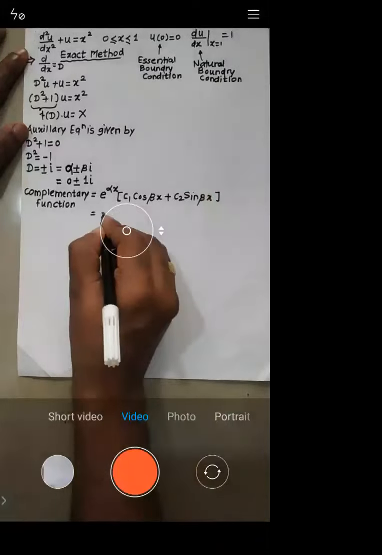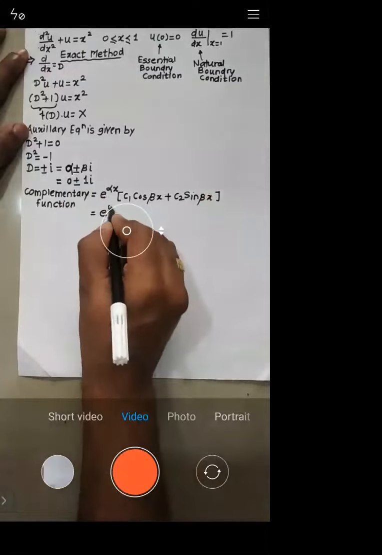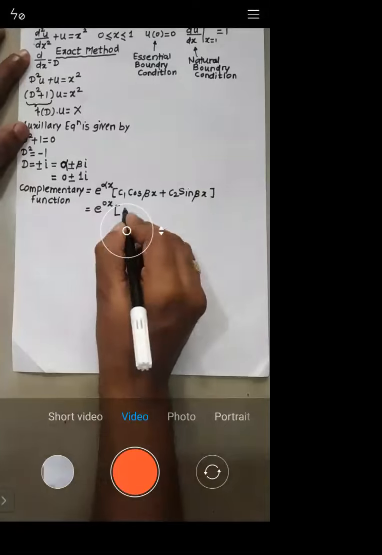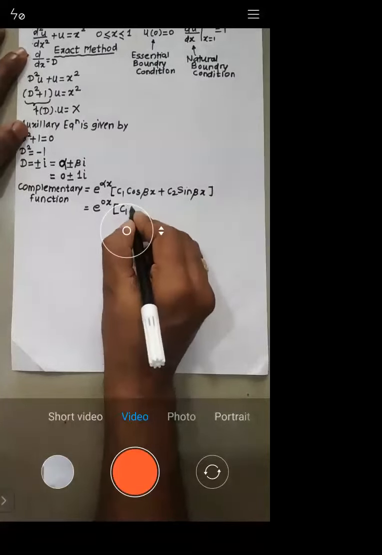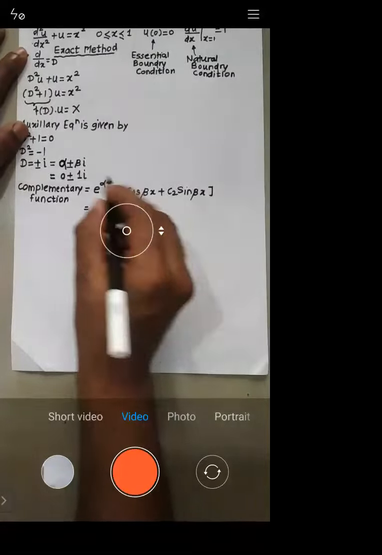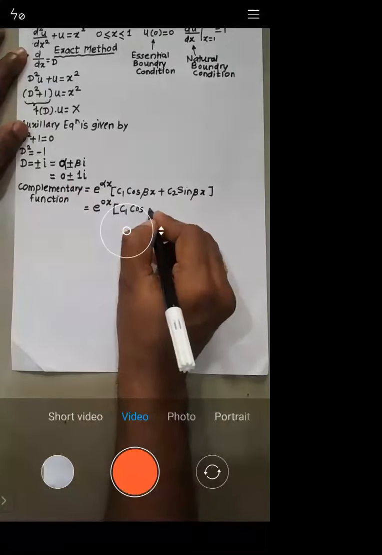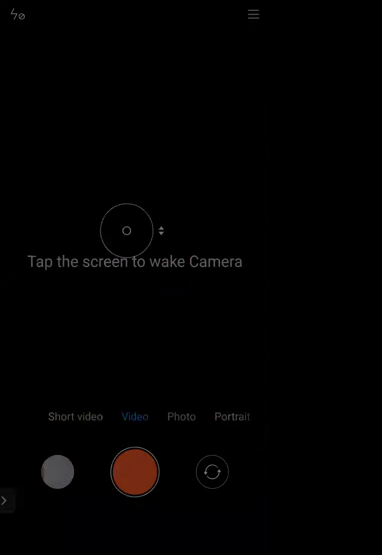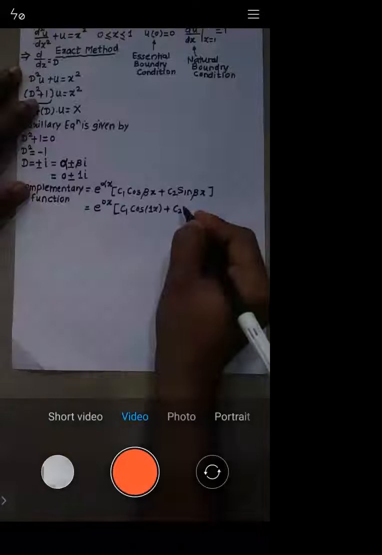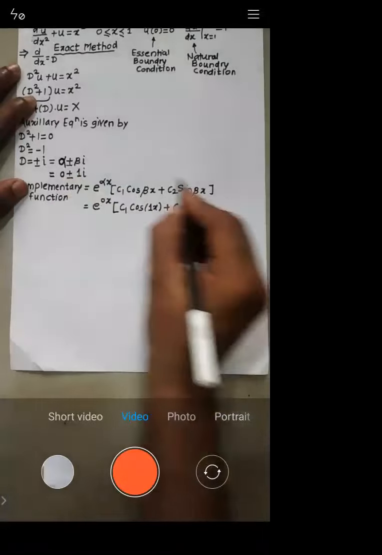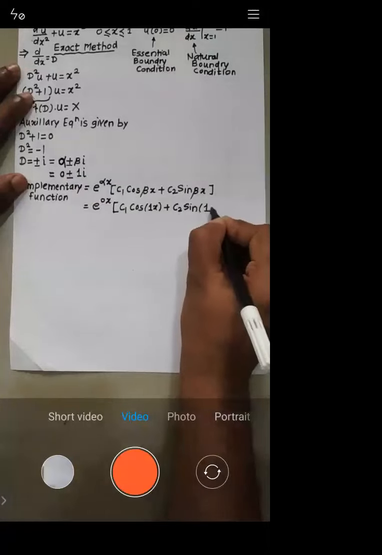So see, e raised to power alpha x. What is the value of alpha? It is 0, right? Alpha is 0 into C1. C1 cos of beta x, what is beta here? It's 1. Beta is 1. So it is 1 into x plus C2 into sine of beta, which is again 1 into x.